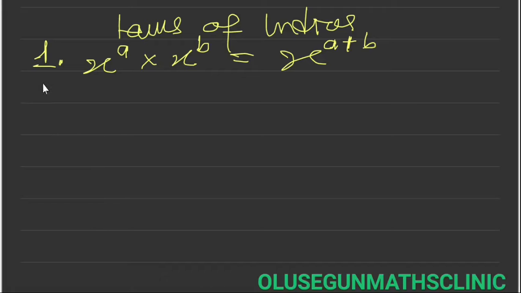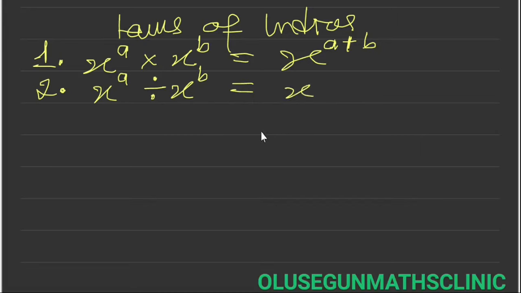So let's have the second one in the laws of indices. Let's have x raised to power A divided by x raised to power B is equal to, now the fact, as I've said earlier, that you will select only one base, which is x.